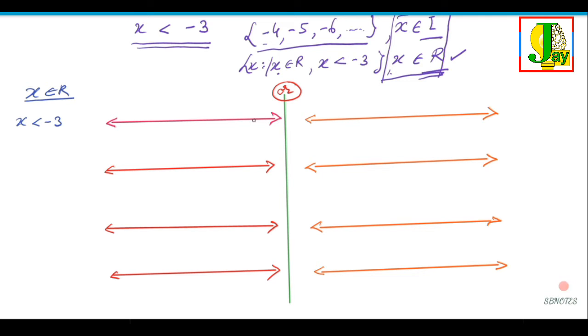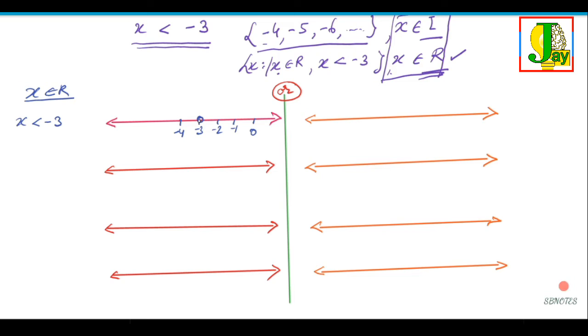So x is less than -3, which means smaller than 0, -1, -2, -3, -4. It is smaller than -3 and there is no limit, real numbers. So the first method: since -3 is not included, x is only less than -3.